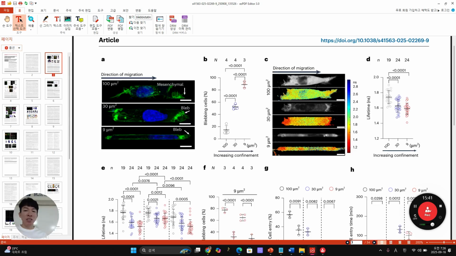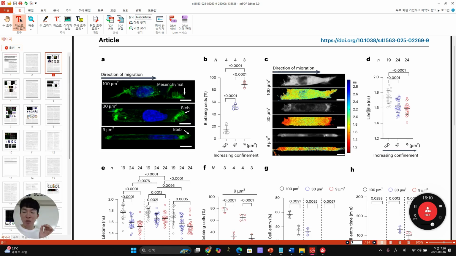So after that, they came to know that when the cells squeeze and migrate in a confined area, they have to generate certain power, which is Rho wave activity. So this signal lifetime is Rho wave activity. Rho wave activity is not easy to detect. Because of that, they are using a very special dye, FLIM-FRET dye.